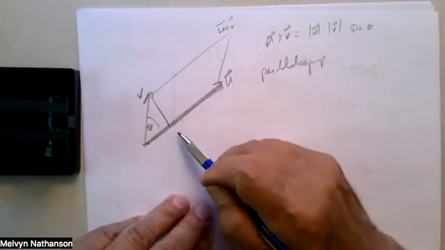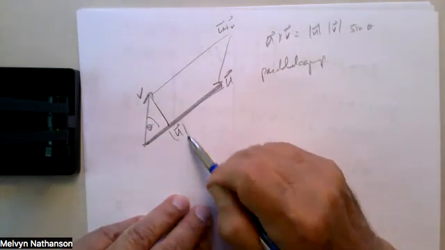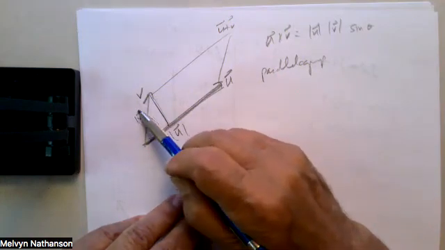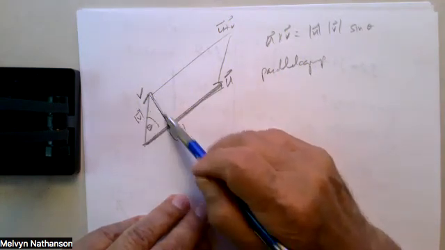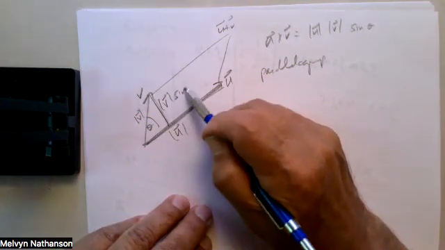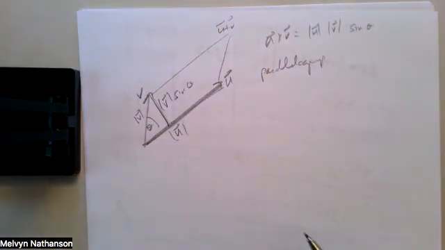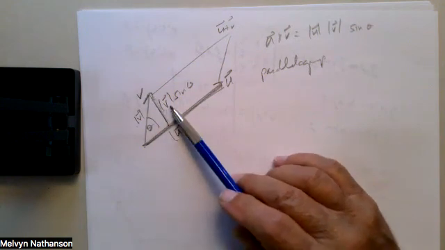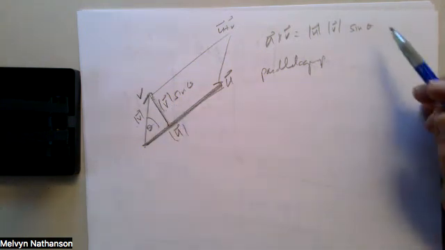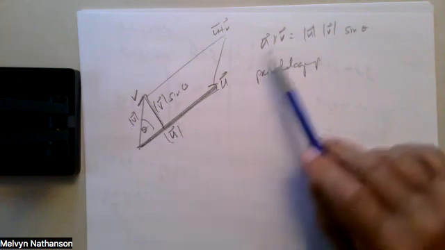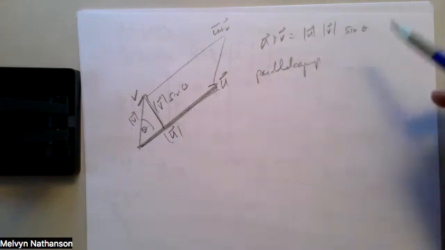So let's say this is the base, u has length, magnitude of u. This is the height. If the length of this vector is v, this height is exactly length of v sine of theta, right? The sine of theta is this over this. So this is the length of v times the sine of theta. So what I have is the length of u times v sine theta.